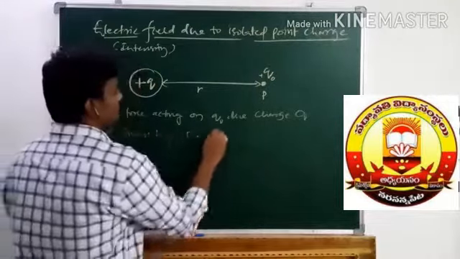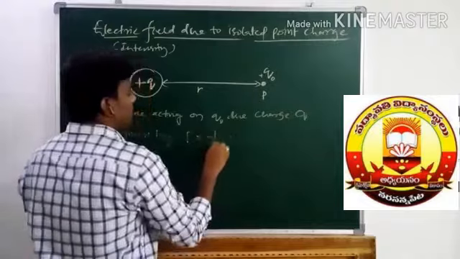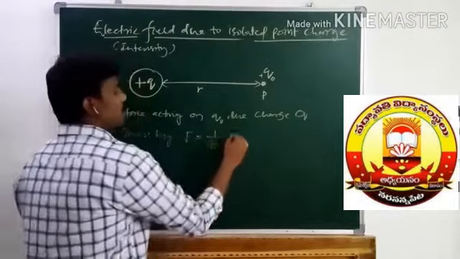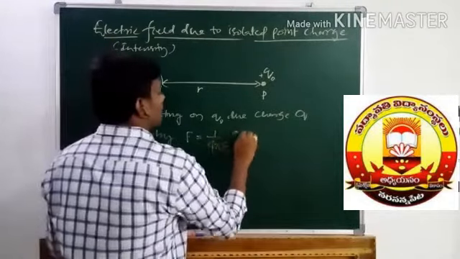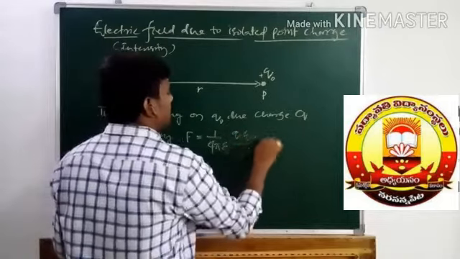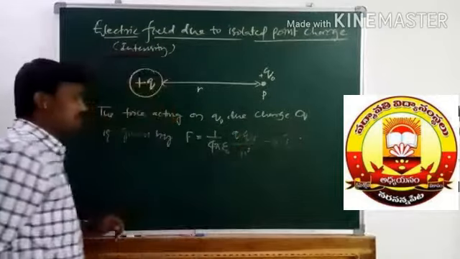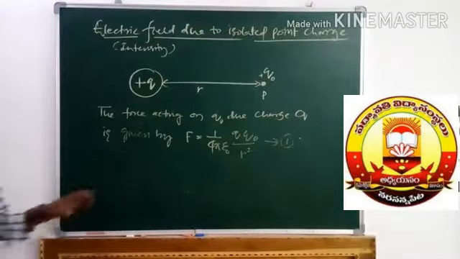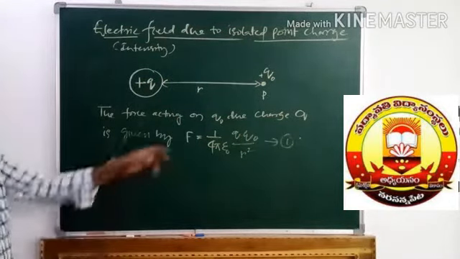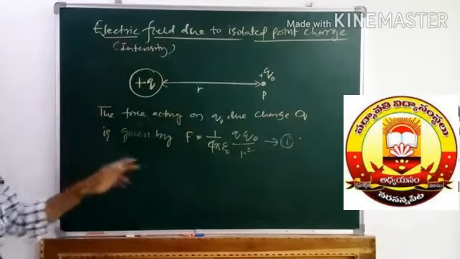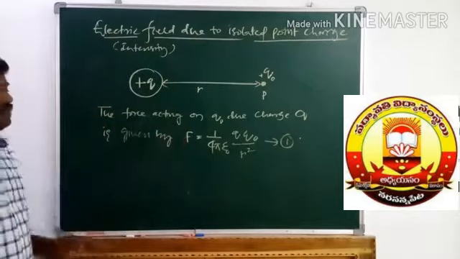F equals 1 by 4 pi epsilon naught Q Q naught by R square. This is the first equation. As you know, electric field intensity is nothing but force per unit charge.